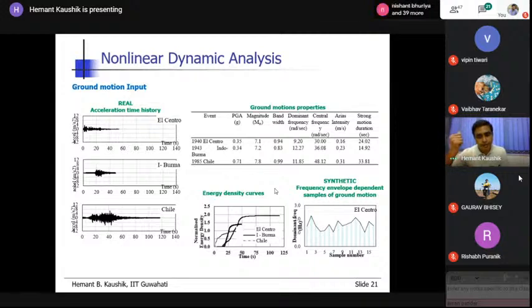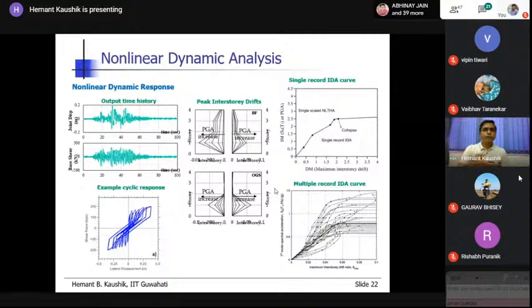That is perfectly possible. You can develop your own synthetic ground motions such that the structural response will be critical. There are methods available for that.